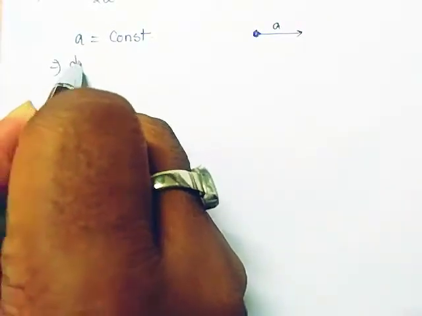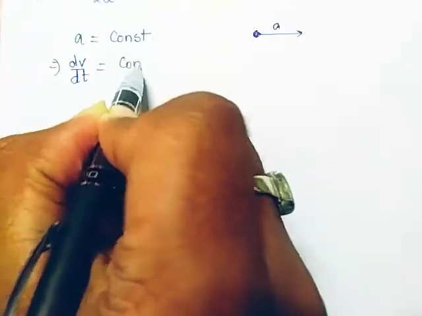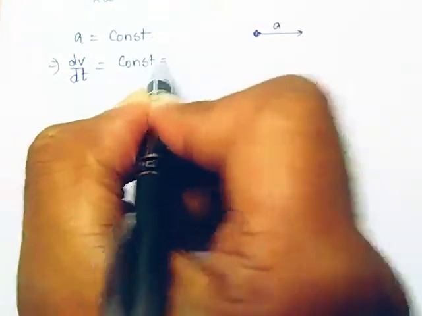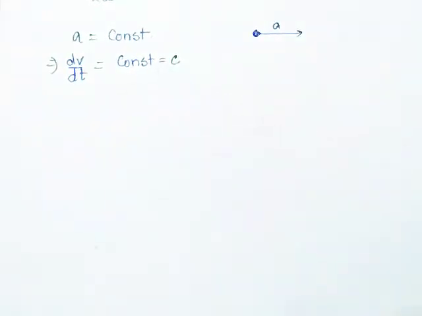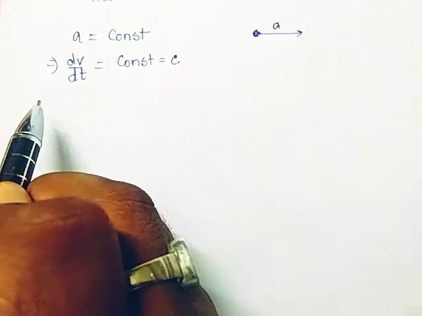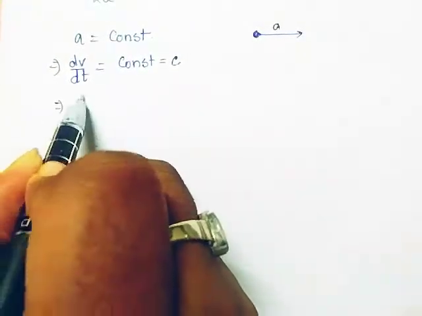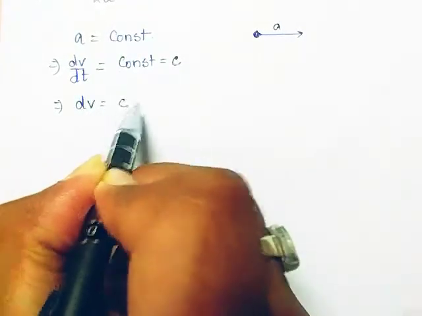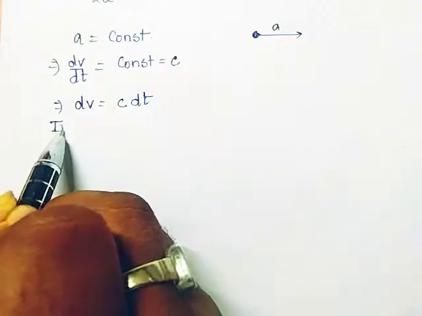Acceleration is nothing but dv by dt. So dv by dt equals a constant. I can consider this constant as c. So we can say dv equals c into dt, integrating both sides.